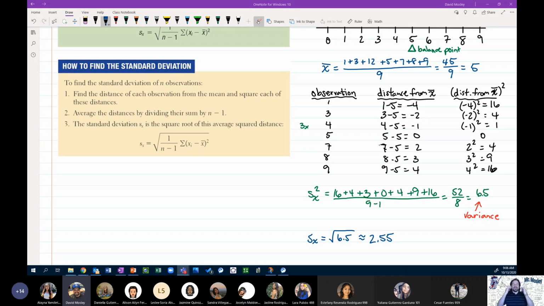All right, and so just like we can use the IQR to find out if something is an outlier, there is a general rule on using standard deviation in the same way.